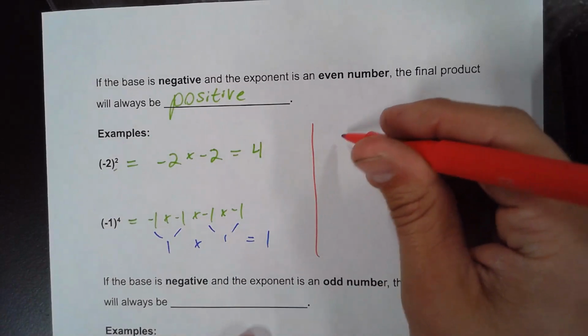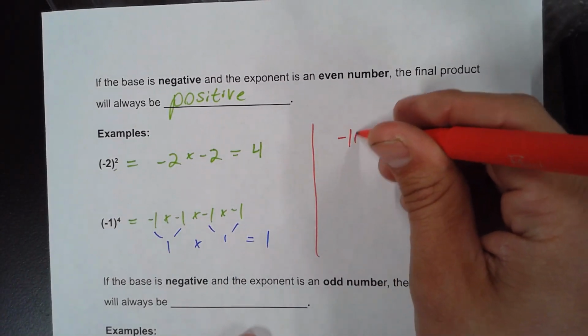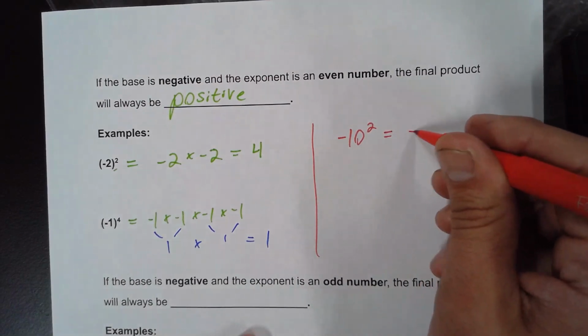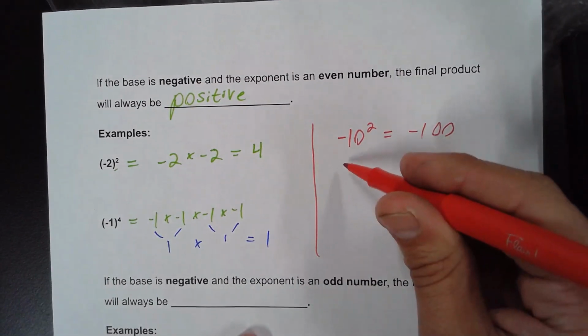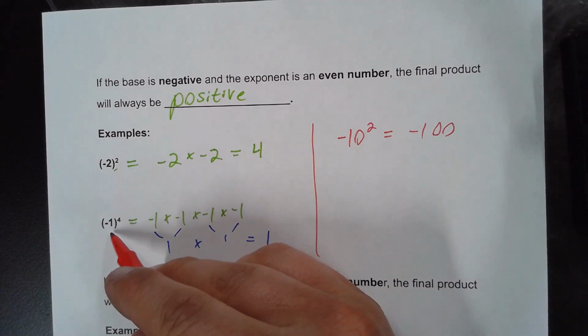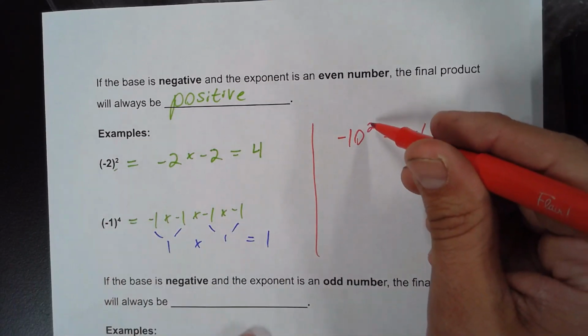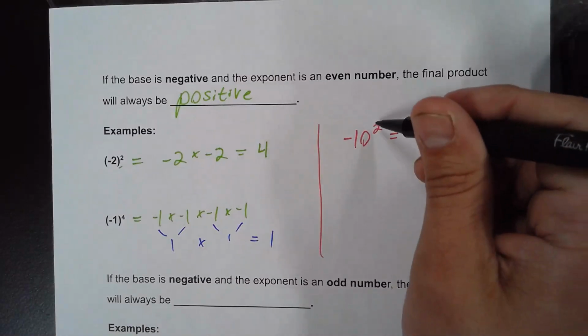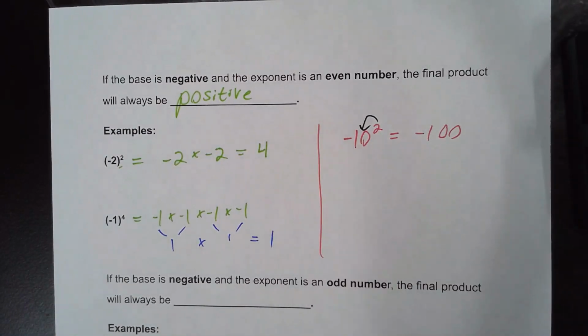So the problem I gave on the board today where it said negative 10 squared, well, I said that this was negative 100. The reason I said that was because without these parentheses, it doesn't work. Because the square, without parentheses, is only raising the 10 to the second power.